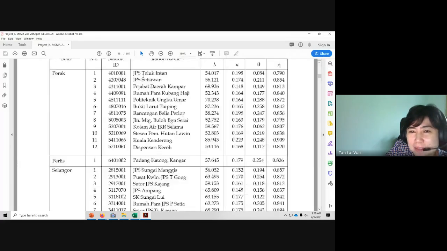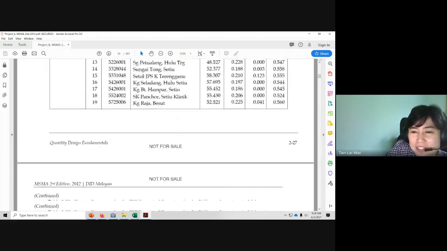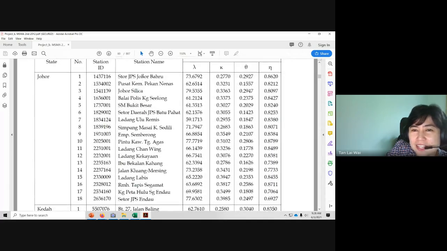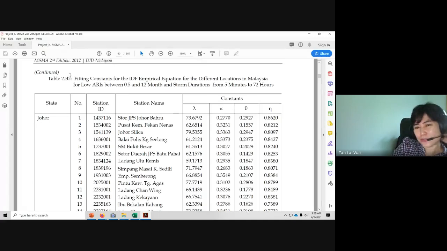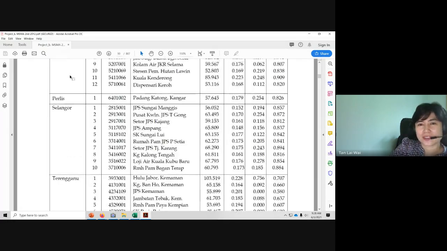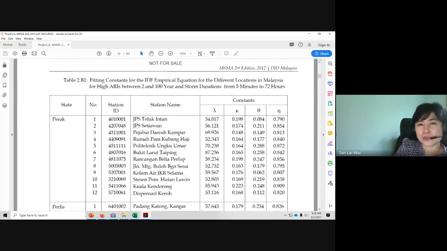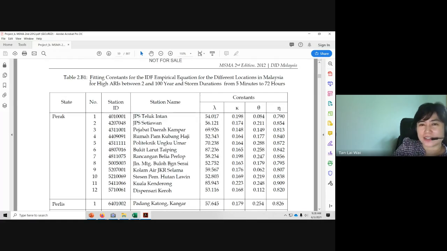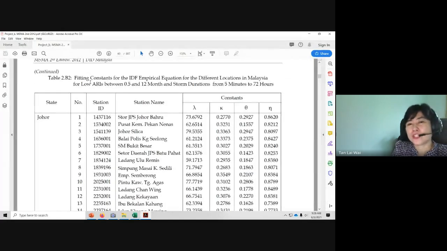Don't read this table. There's another set of table. After this, you see? This is another set. Is it 2B1? Okay, this is Table 2.B1. Another set is Table 2.B2.